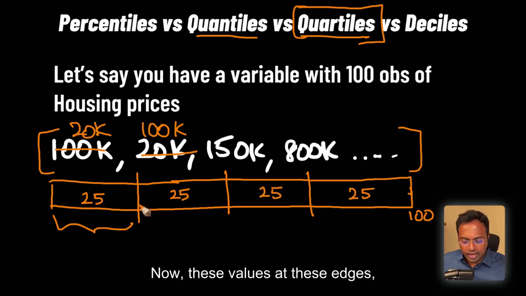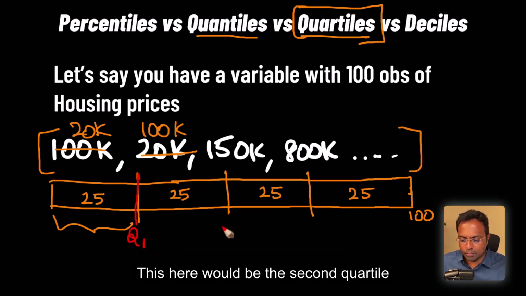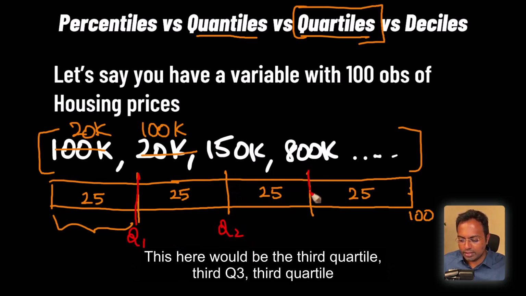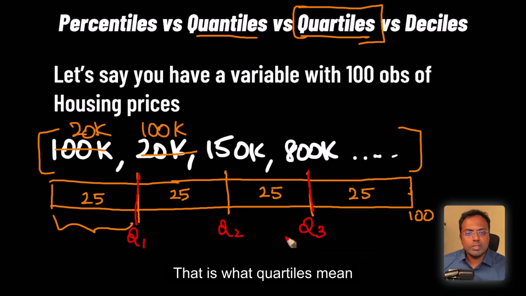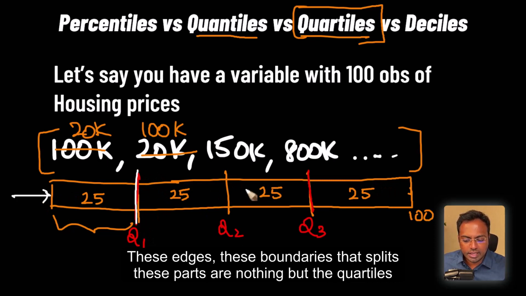Now the values at these edges would be the first quartile, this here the second quartile, and this here the third quartile. Simply put, you sort the data in ascending order, divide it into 4 equal parts. These boundaries that split these parts are nothing but the quartiles.